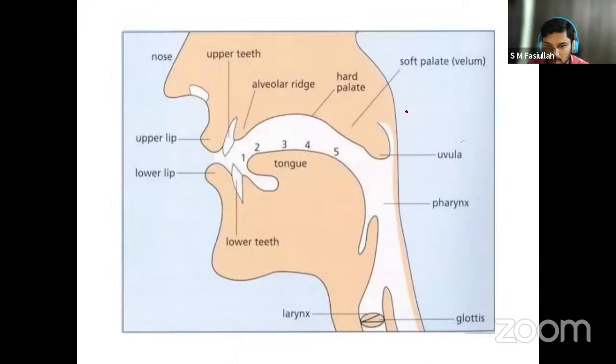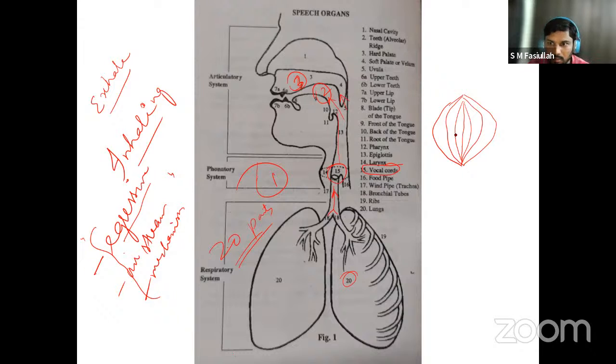These are the cords, the strings. In a guitar, you have strings. Similarly, in our sound box, we have these strings which, while vibrating, create different kinds of sounds.